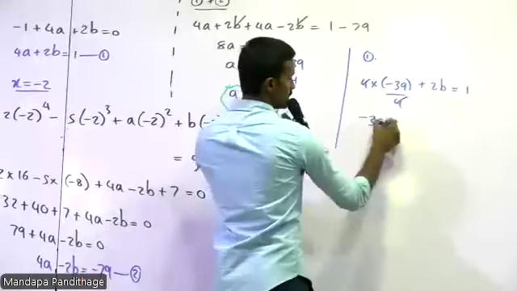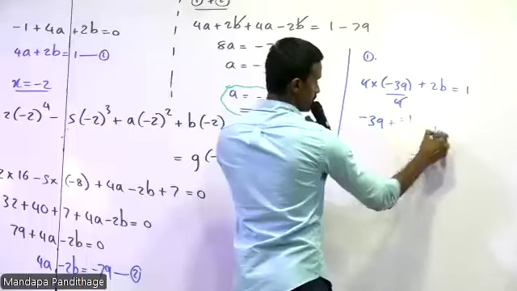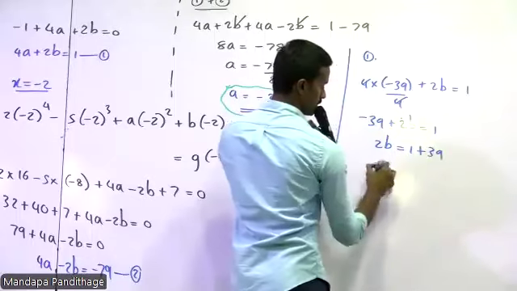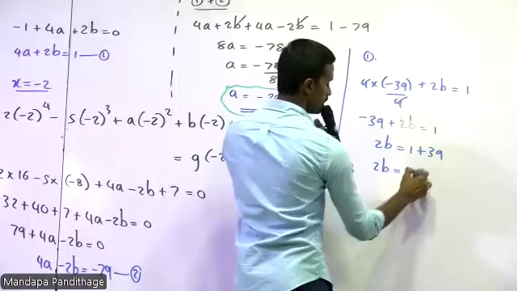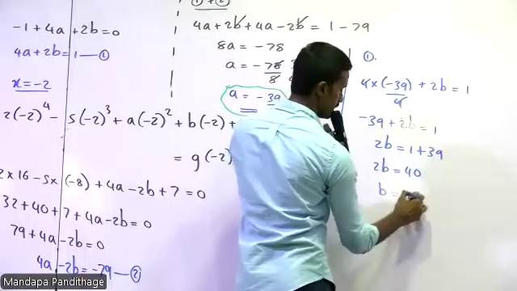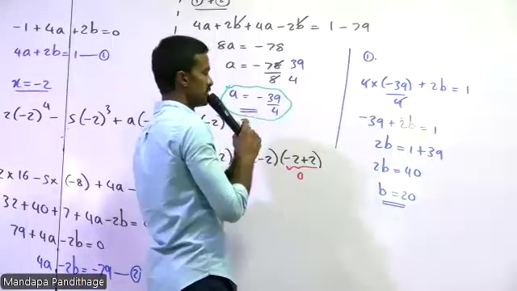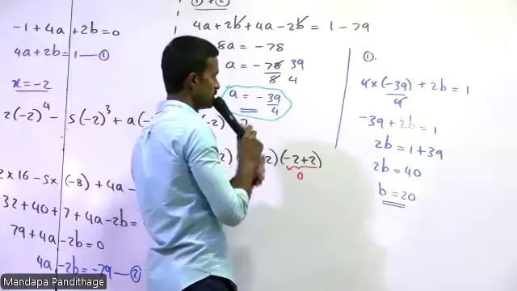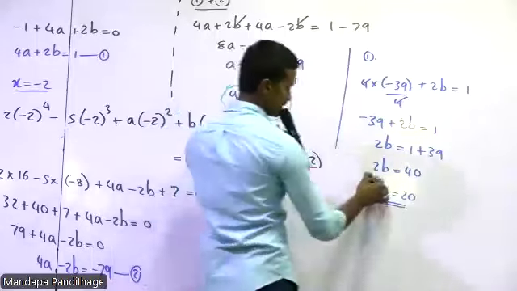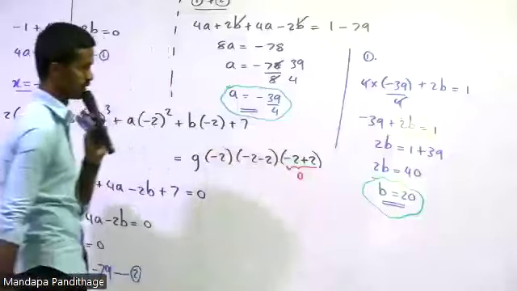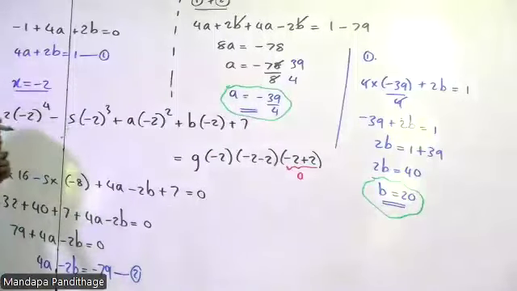So minus 39 plus 2b is equal to 1 and 2b is equal to 1 plus 39. So 2b is equal to 40, so b is equal to 20. Okay, so here these are normal values or fractional values. When you get these values, you don't have to worry. It's quite normal in A level. So a is equal to minus 39 over 4, b is equal to 20.